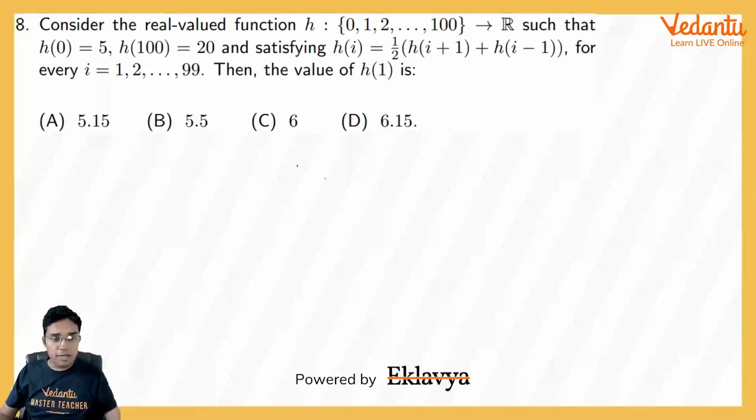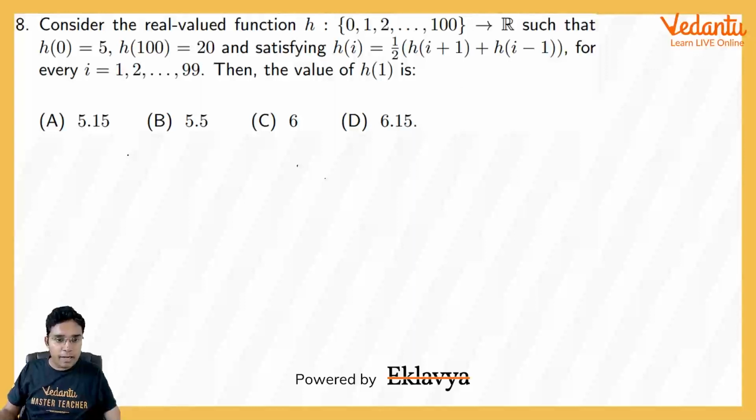Here we are given that consider the real valued function h from {0, 1, 2, 3, up to 100} to R such that h(0) is 5, h(100) is 20, and satisfying h(i) is equal to 1/2 (h(i+1) + h(i-1)).